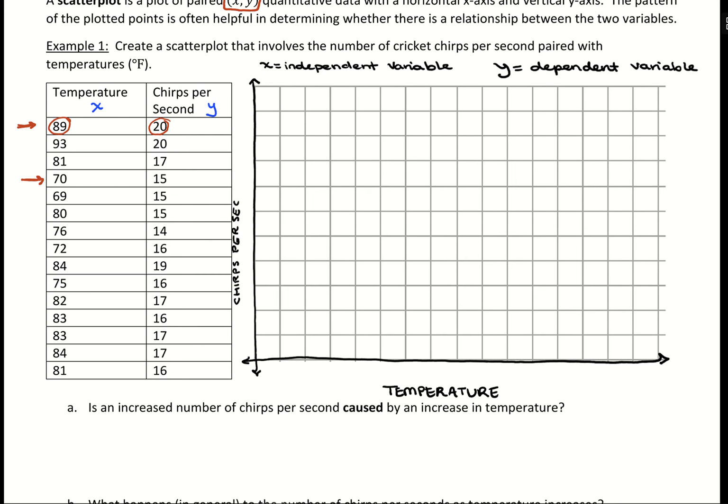And then we just need to set up a numerical scale. So looking at temperature, it looks like I'll need to see a minimum of below 69. So maybe I'll start at 65. And then I need to see up to about 95. So what I'm going to do is jump by fives here, but covering two blocks.